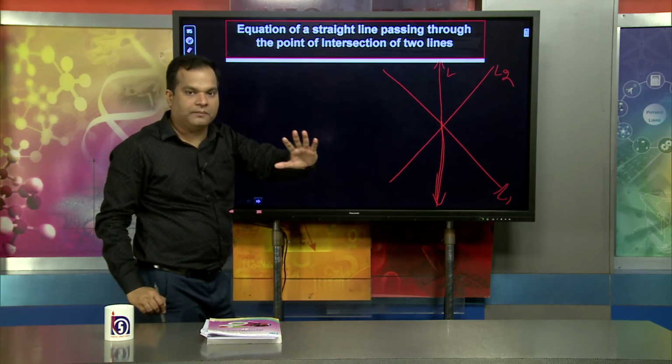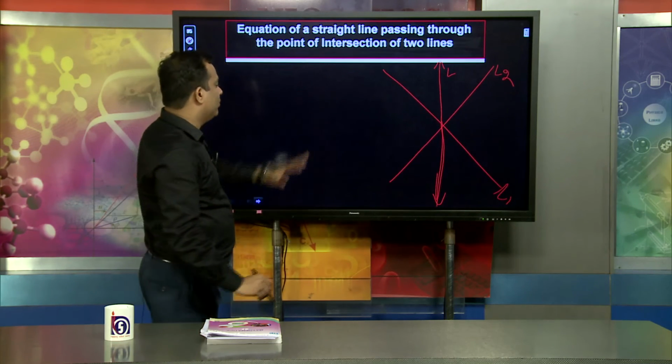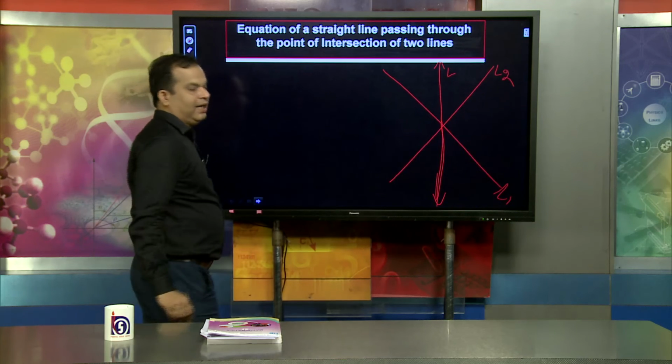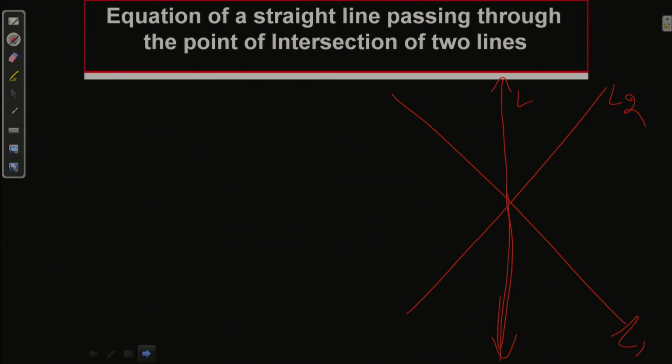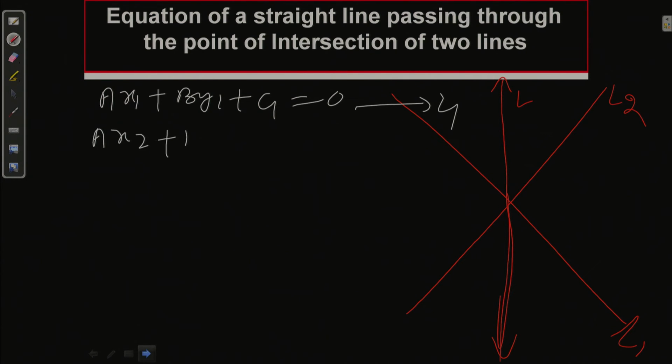There will be a formula. What will be that formula? Suppose the equations of straight lines are given. Suppose a1x plus b1y plus c1 equal to 0. This is the equation of L1. a2x plus b2y plus c2 equal to 0. This is the equation of L2.